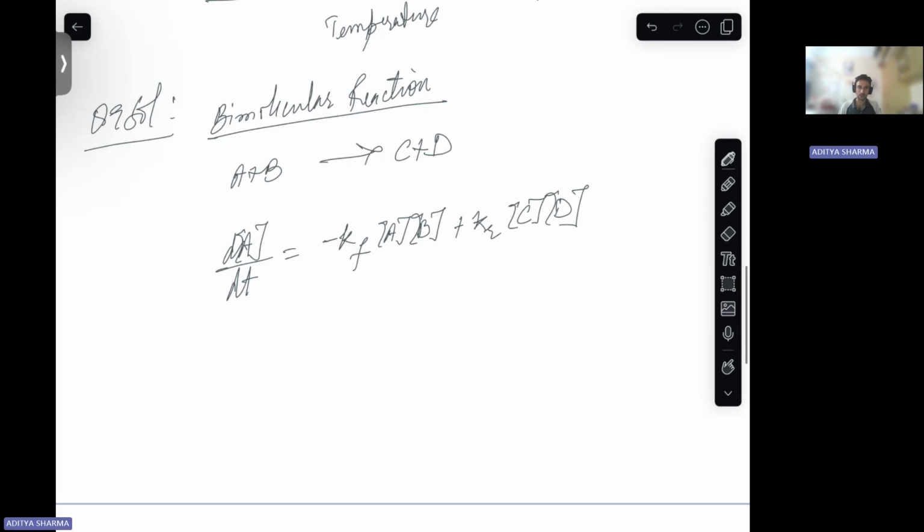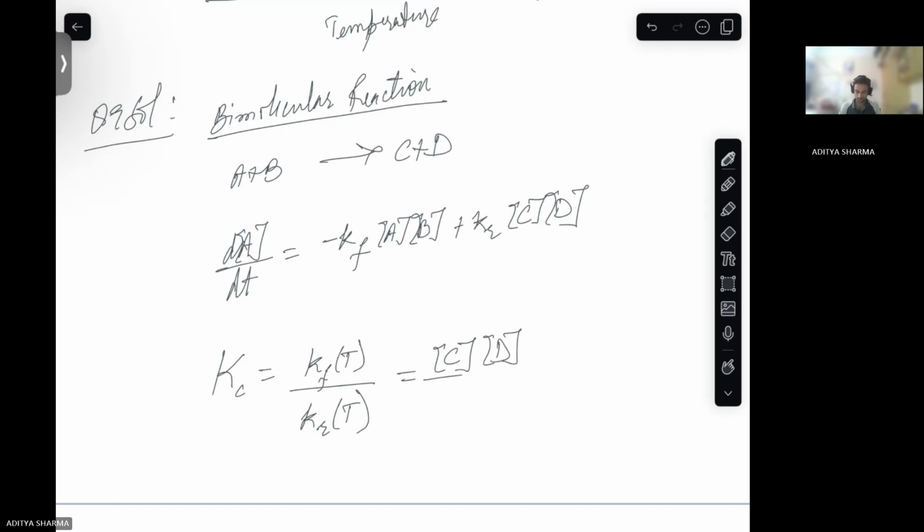So the equilibrium constant based on concentration, which is defined by Kc, can be given by this ratio, which is this. Okay.